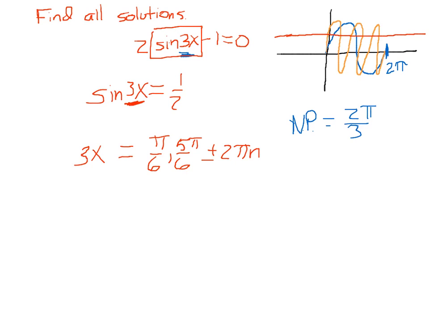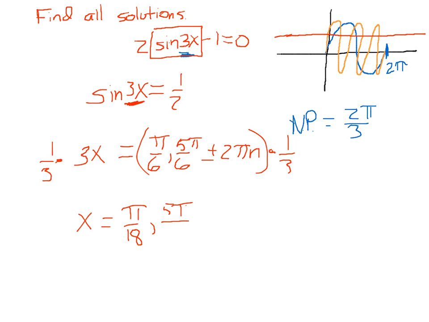And like any algebra equation, the next step is to divide by 3. In this case, I prefer to think of it as multiplying this whole thing by 1/3. And so 1/3 times 3 is our x, so now we solve for x. We multiply every part of this by 1/3 and we get pi over 18, 5 pi over 18, plus or minus 2 pi over 3n.